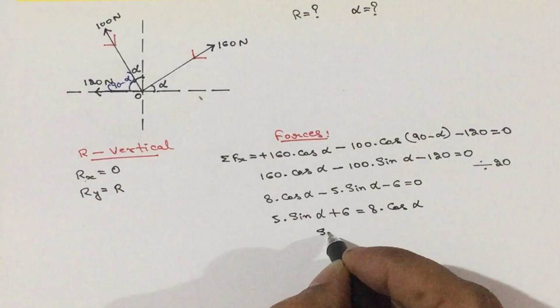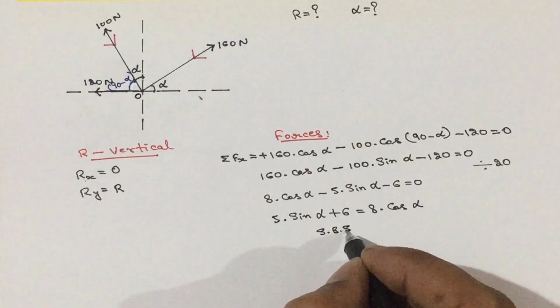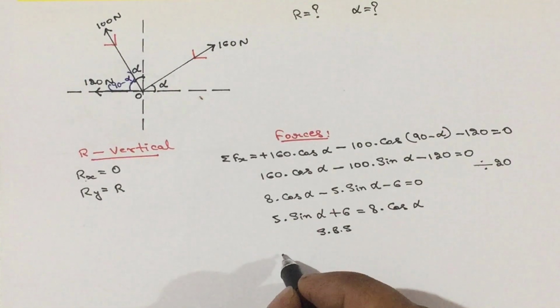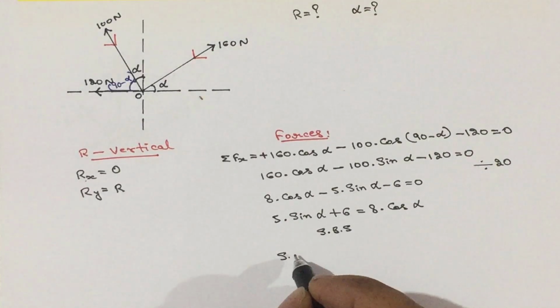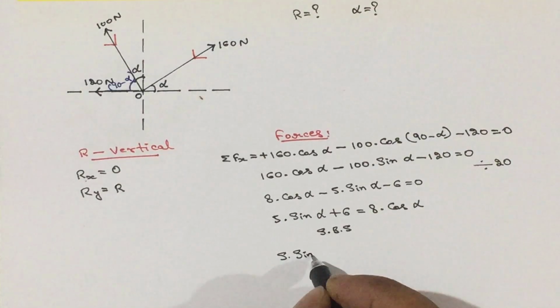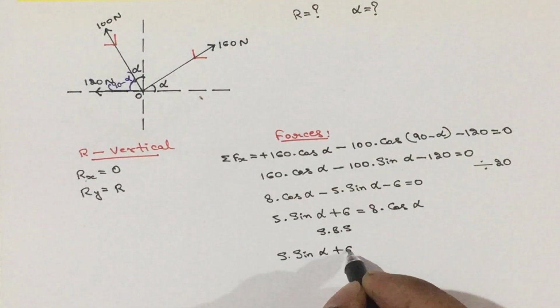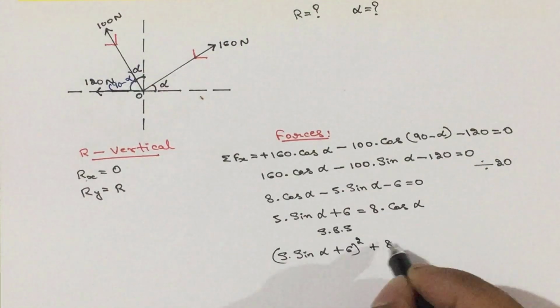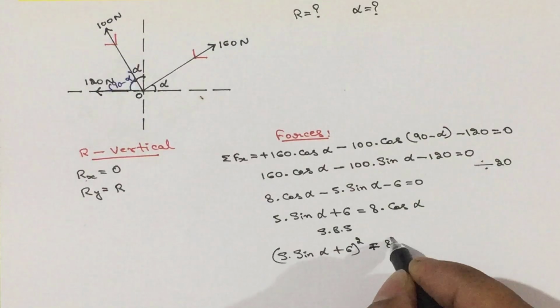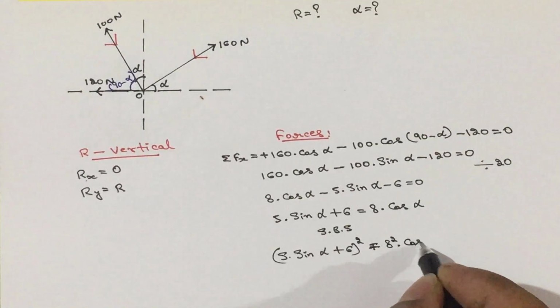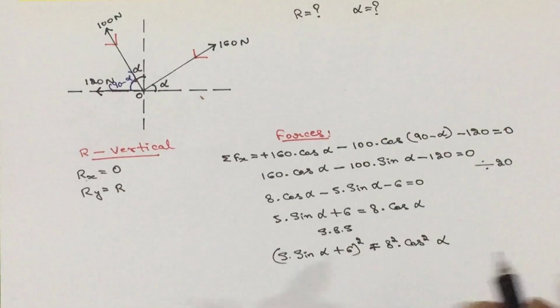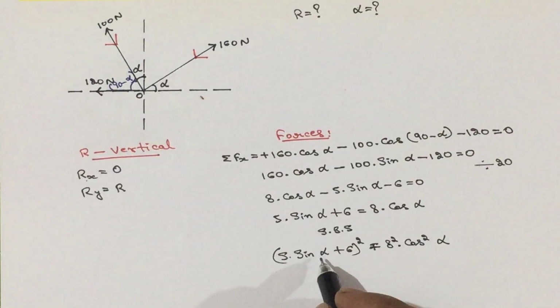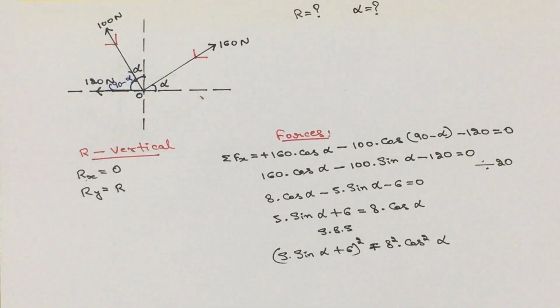So squaring on both sides, you are going to get (5 sin alpha plus 6) whole square, and 8 square into cos square alpha on the right. Expand this equation, it is in the form (a plus b) whole square.